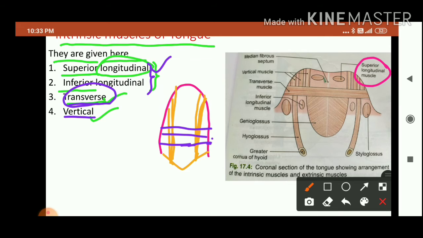If I take a transverse section like this, then the vertical muscles will be present like this, perpendicular to the transverse muscle and also perpendicular to the superior and inferior longitudinal muscles.